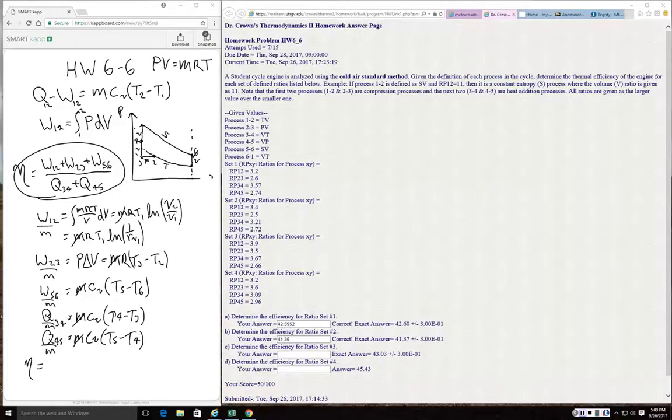The other thing I could do is divide every term by Cv. If I do that, the Cv's will cancel. So if I divide every term by mCv, that's like dividing all the values in the numerator and all the values in the denominator by Cv, which I can do.